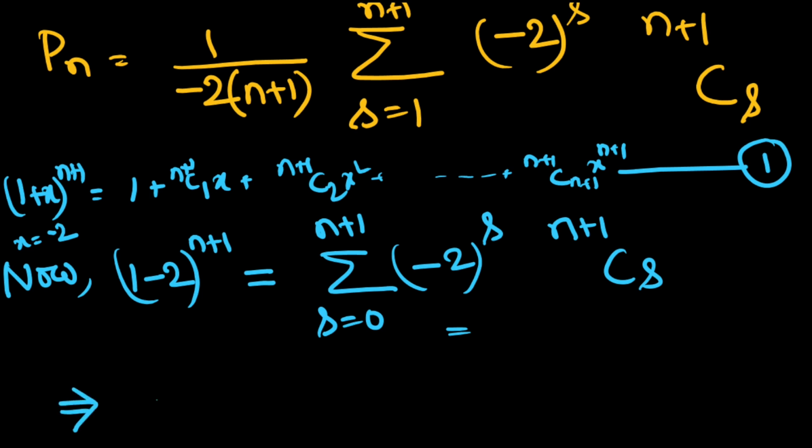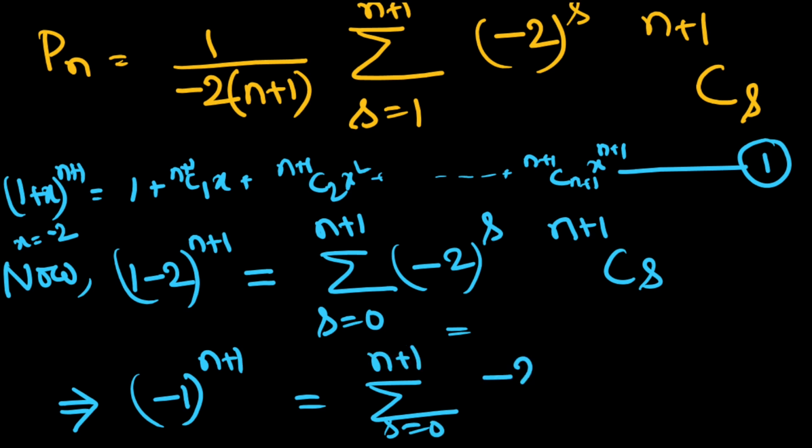Therefore (-1)^(n+1) = summation s = 0 to n+1 of (-2)^s (n+1)Cs. But our Pn runs from s = 1 to n+1, and here s = 0 to n+1.